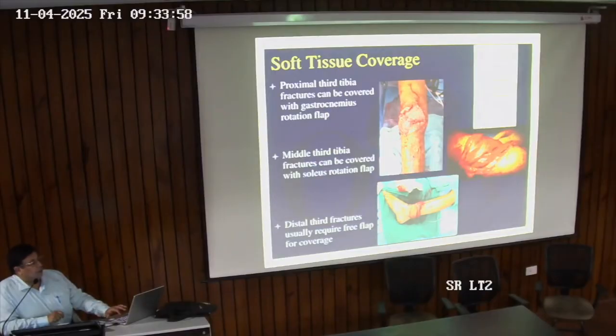Here you can see the gastrocnemius rotation flap, and in the middle third we can do a soleus flap, and the lower third is devoid of muscle bellies, so a free flap is needed in the distal third of the tibia.